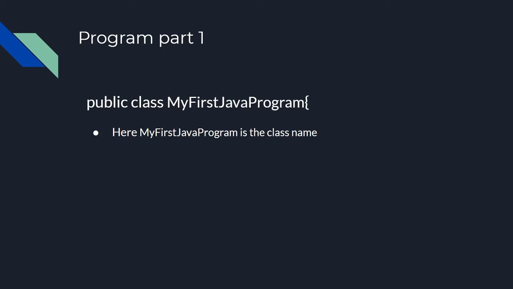So what do you think a class is? It is basically like a container where you can put all the things. In a normal container, what do you put? Anything you want and close it, right? So in Java, we can put all the methods, all the variables, and other things inside the class and close it.